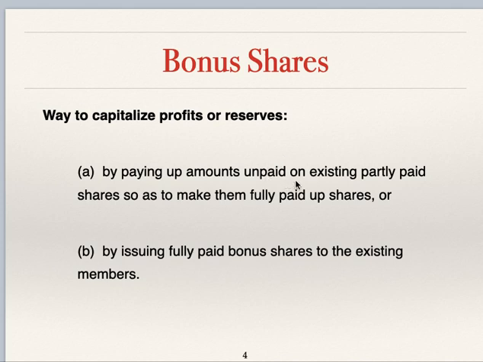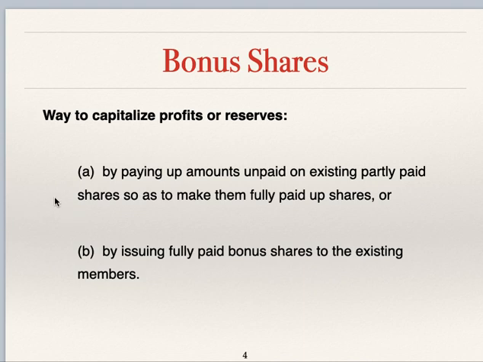It is not necessary that the company will make partly paid shares fully paid. Supposing the face value of a share is 10, and the company has asked shareholders to pay only 4 rupees, 6 rupees is pending. In that case, the company will make it a share of rupees 10 each, 6 paid even if 4 are paid. 2 rupees shareholders need not pay, the company will give them a bonus of 2 rupees.